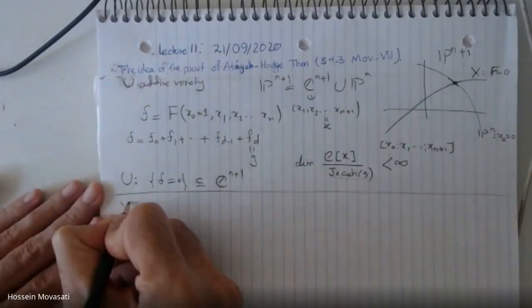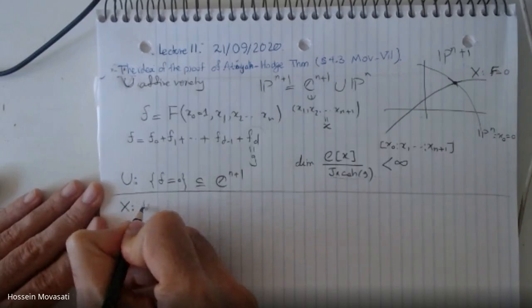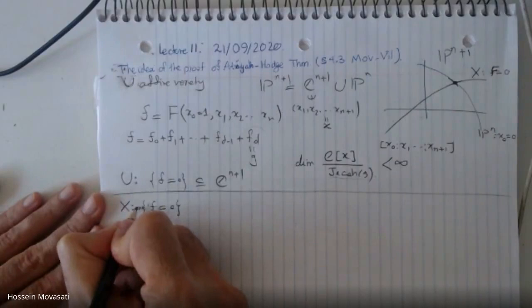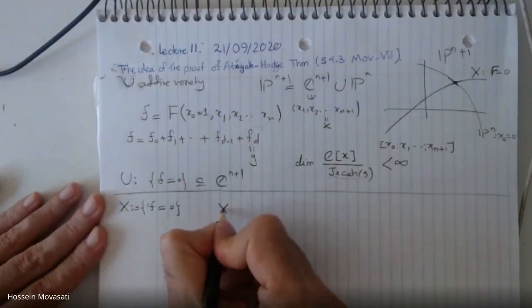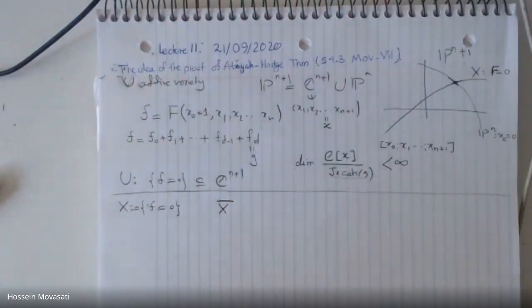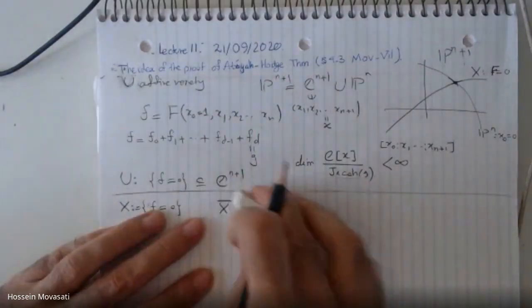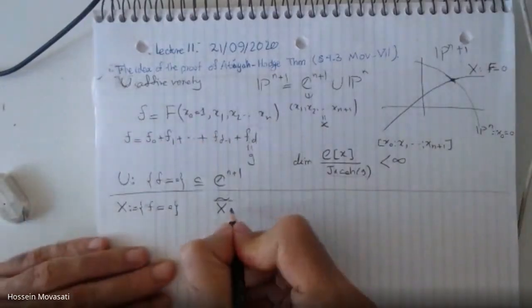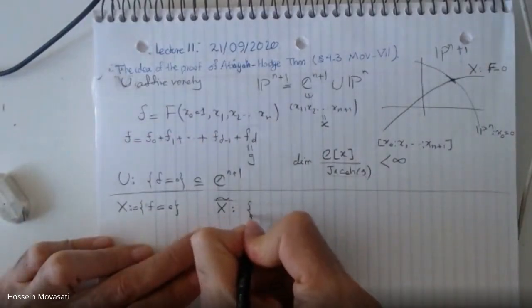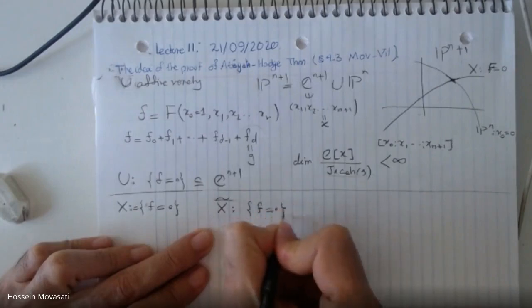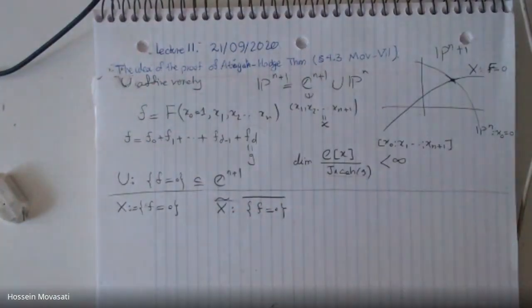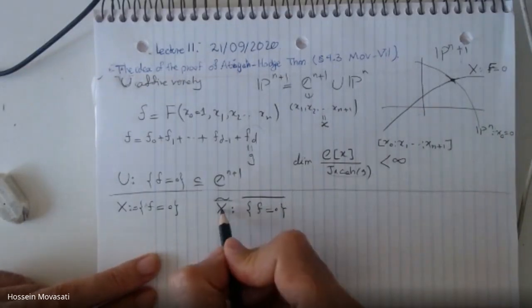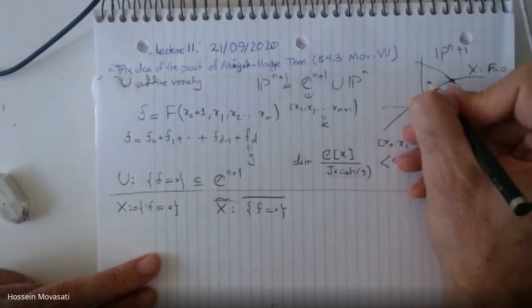From now on, X will be this f equal to 0, and X tilde will be its projectivization, which is now our original X here.